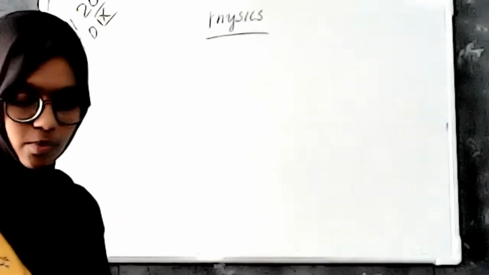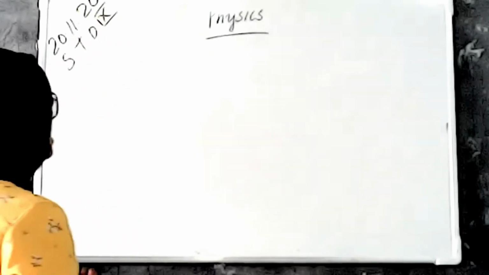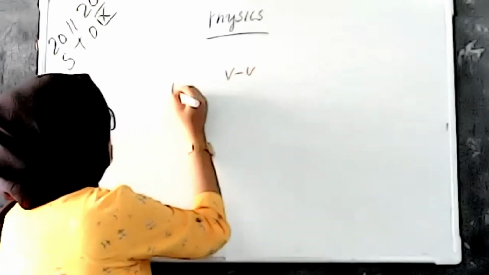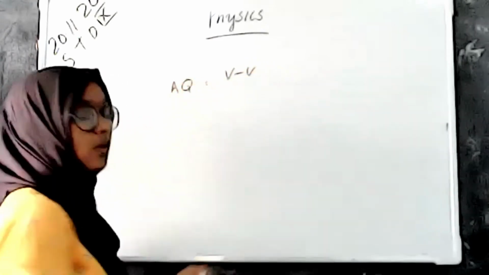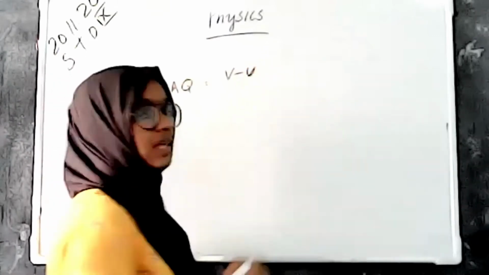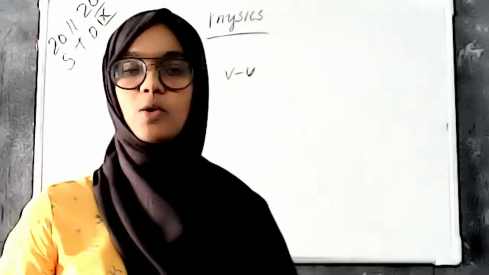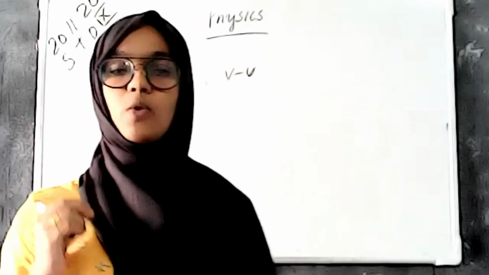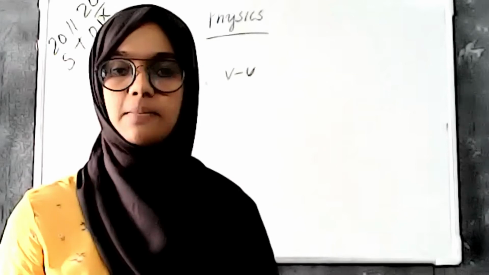For the first equation of motion, we proved that the change in velocity is v minus u. That is the first equation of motion. We derived this first equation of motion from a common derivation.